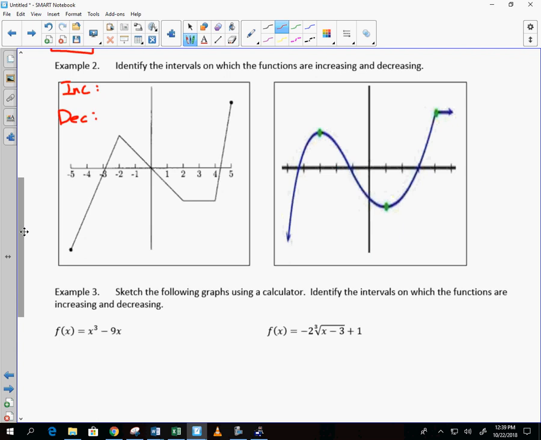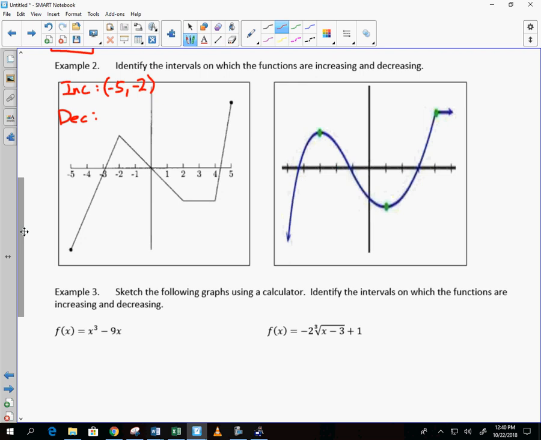Right now, is the function increasing or decreasing? Increasing. So it looks like I'm increasing from a value of -5 all the way to a value of what? Where does it stop increasing? -2?